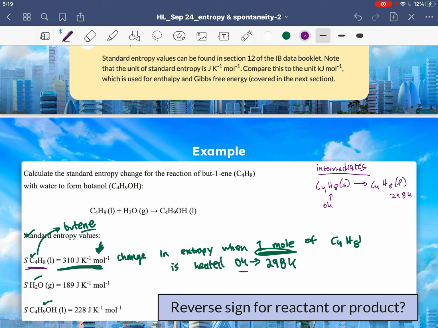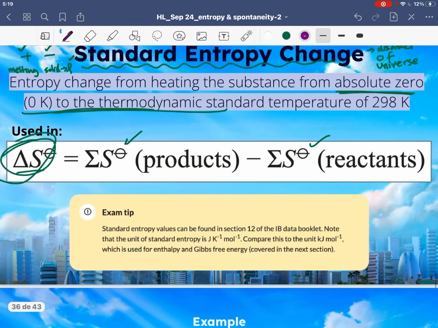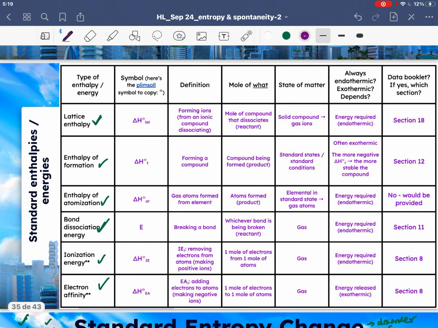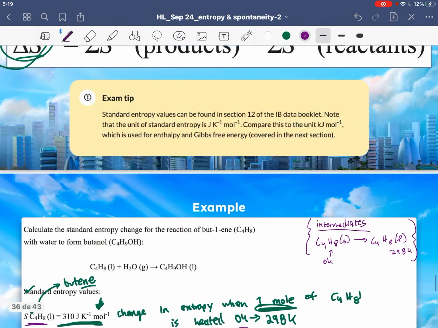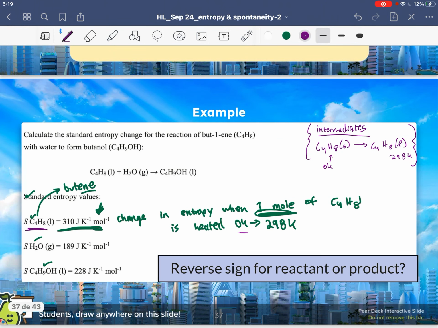We would never actually write this out, but it's a helpful way to conceptualize what we're doing now with what we did before. This is very similar to what we saw with, and maybe it's not on this list, enthalpy of combustion and enthalpy of formation.